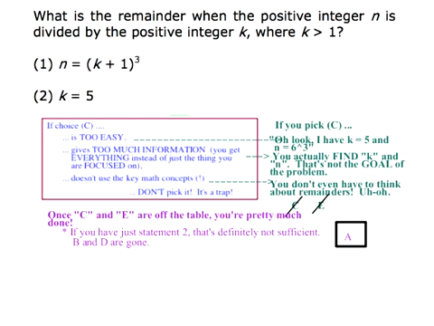Statement 1, you have that n is (k plus 1) quantity cubed. This is a little bit annoying, but you don't necessarily have to expand it all the way out, just enough to see what's going to happen here.